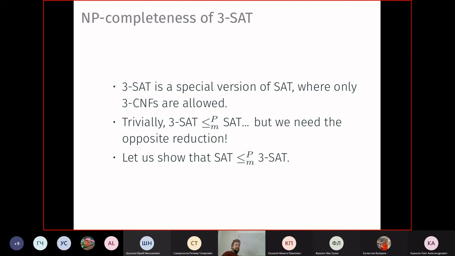We take A, we apply the Tseitin transformation, and then we apply 3 SAT to the result, to B, right? So if we can check satisfiability for 3 CNF, so we can solve 3 SAT, we can solve SAT. This means that 3 SAT is also NP hard and NP complete, which is a combination of Cook-Levin and Tseitin.